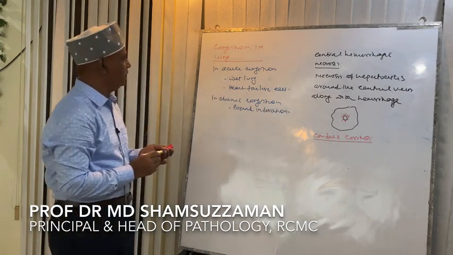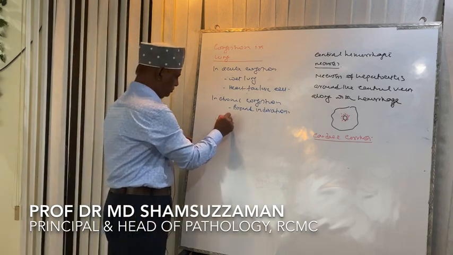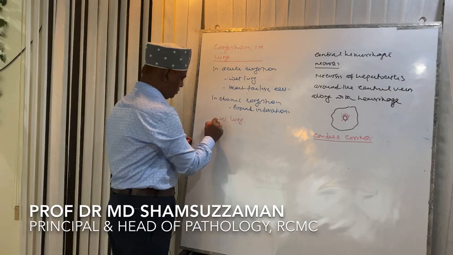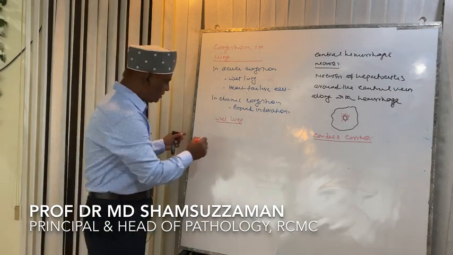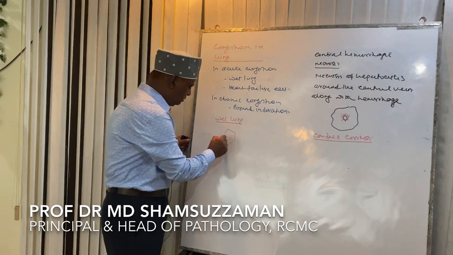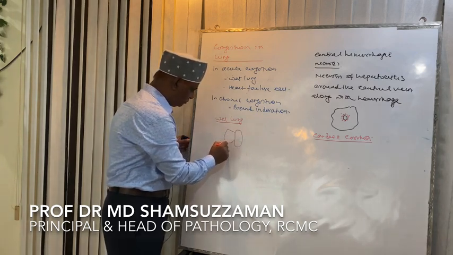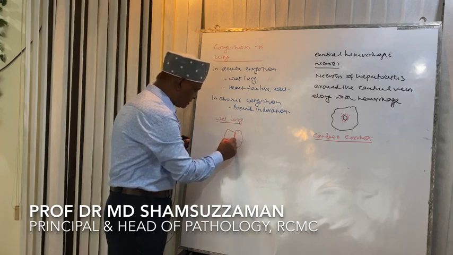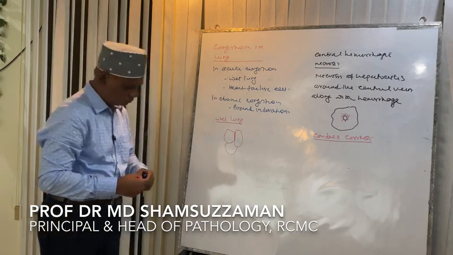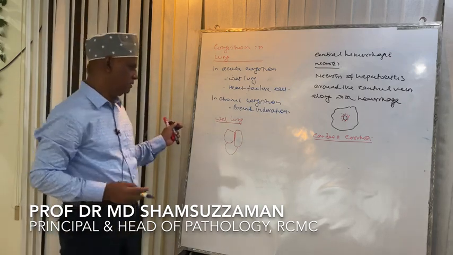First come to wet lung in acute congestion. What will happen here? Suppose this is the alveoli of lung, and this is the interalveolar septum. What will happen in wet lung?